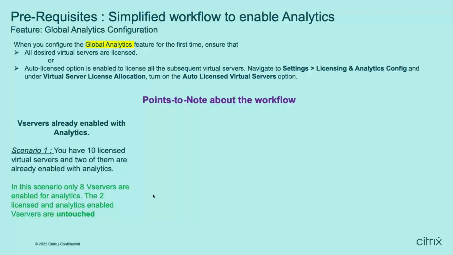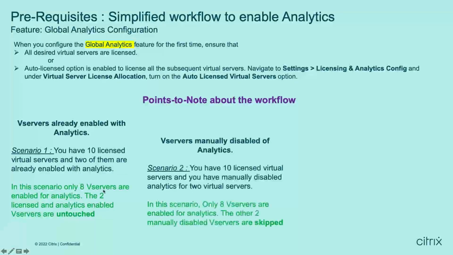In this scenario, the two licensed vServers that were manually enabled with analytics will remain untouched, which means we will honor the decision of the admins on those two vServers. And for the 8 licensed virtual servers, the global configuration will go ahead and enable analytics.